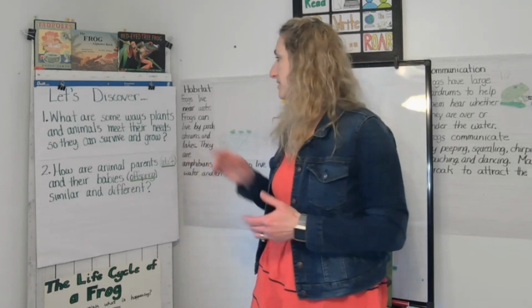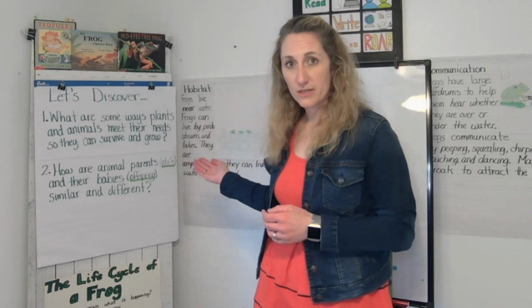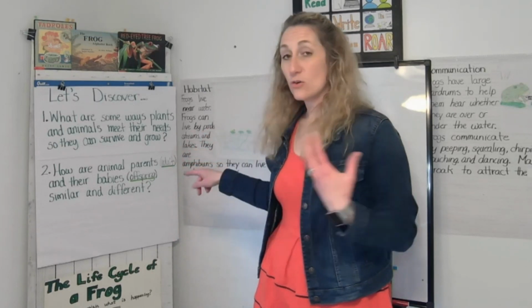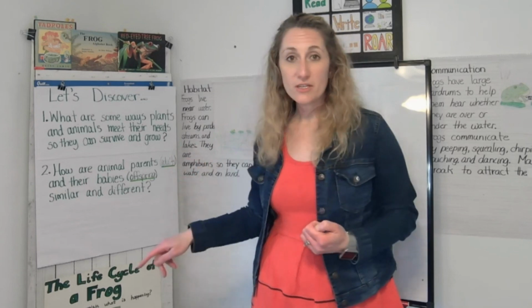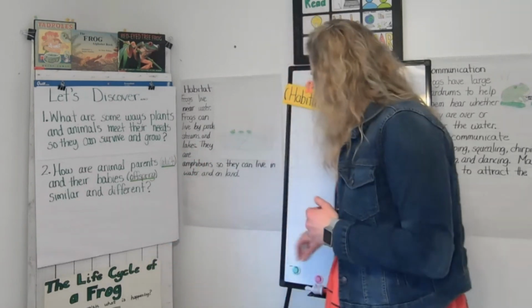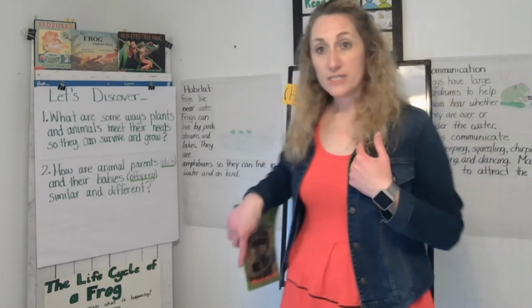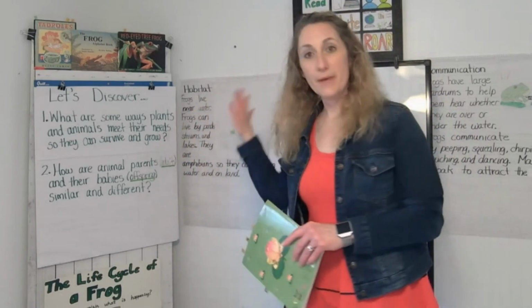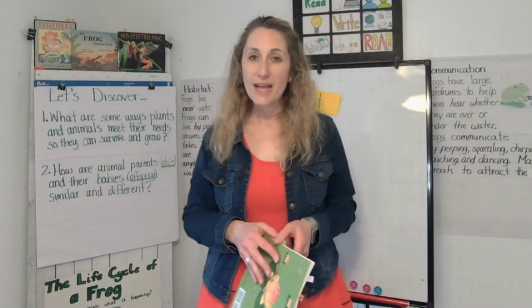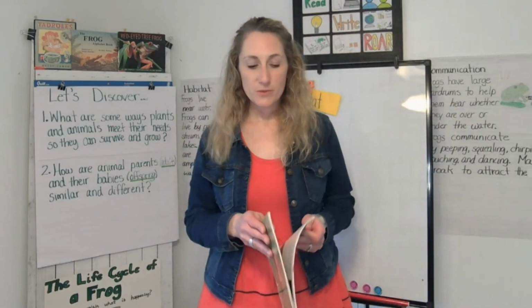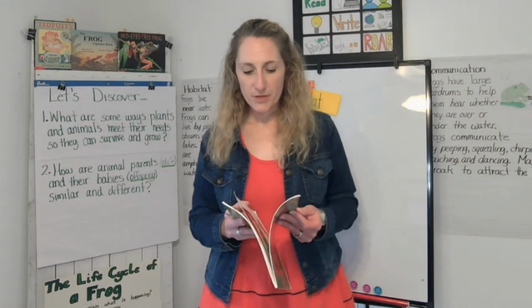And we're also discovering how animal parents or adults and their babies or offspring are similar and different. And so all the ideas we're going to put in our table of contents will be talking about those big ideas, survival and growth, and differences between adults and their offspring.